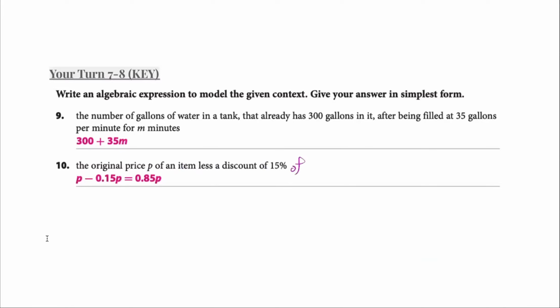It is 15% of the price. That was implied. So that would be 0.15, of is times, the price P. That's why we got that. And 1 minus 0.15 is 0.85. When you fill something, you're adding. So that's the reason why we have a plus over here.